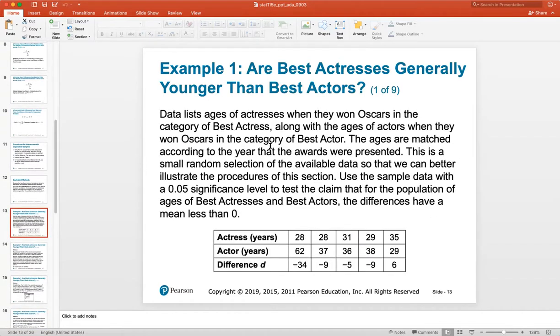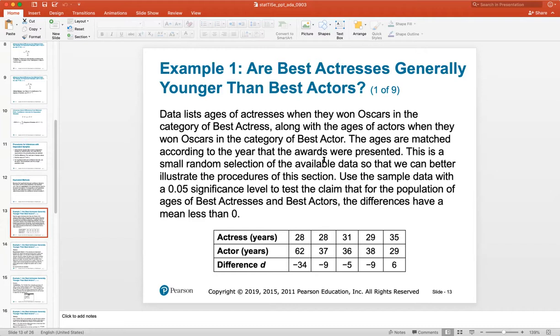Here's example 1. Are best actresses generally younger than best actors? The data list the ages of actresses when they won the Oscar in the category of Best Actress, along with the ages of actors when they won the Oscar in the category of Best Actor. The ages are matched according to the year that the awards were presented.